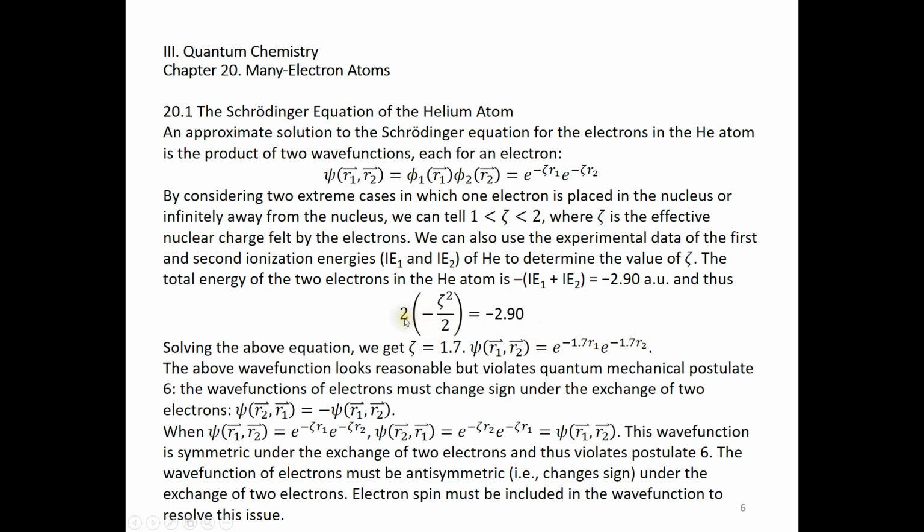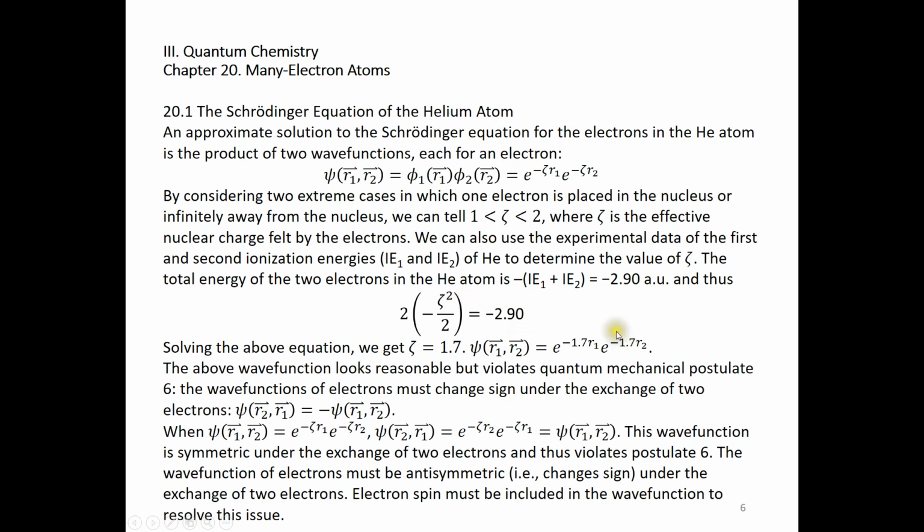The total energy is 2 times negative zeta squared over 2, and we do the calculation. It's roughly negative 2.9. And also we know it takes 2.9 atomic unit of energy to remove these two electrons. That means the total energy of these two electrons is indeed negative 2.9 in the helium atom, and everything seems to match.